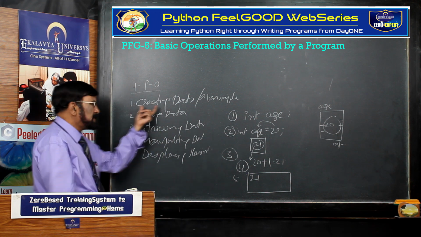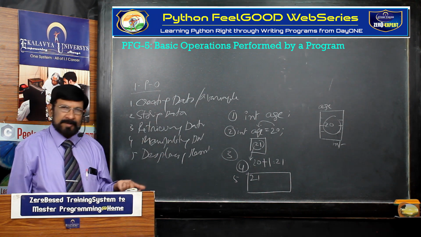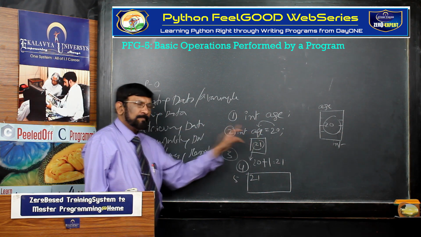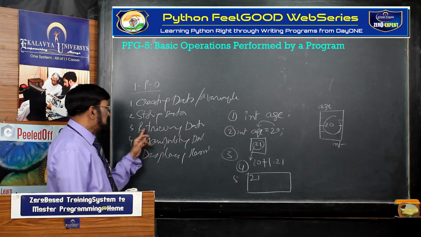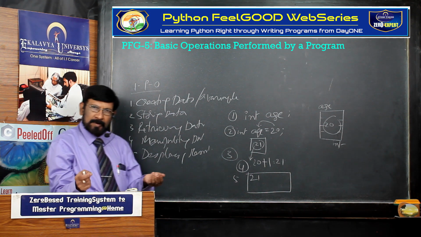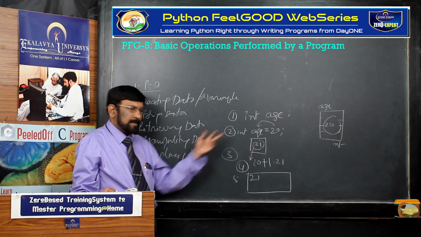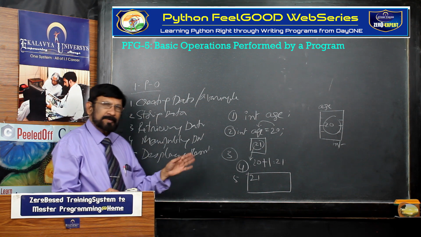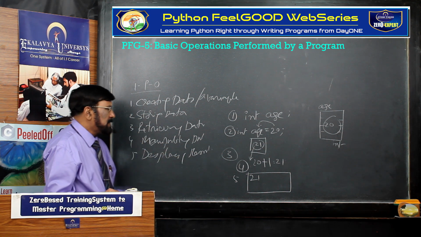Once again I repeat: creating data means creating a variable, storing data means storing a value in the variable, retrieving data means bringing out the value, manipulating data means performing any operation, plus, minus, multiplication, division, and displaying data.